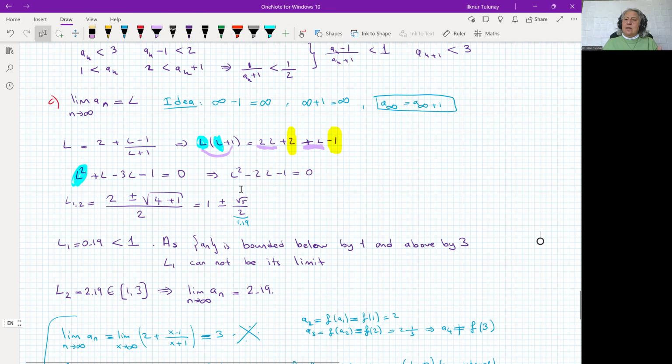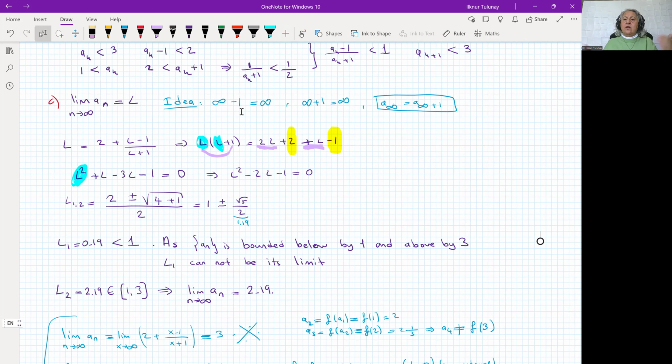So since the limit exists, it should be a number. And let's call this number L. The limit as n goes to infinity of a_n is equal to L. The idea here is that if we add or subtract a fixed number from infinity, we still have infinity.